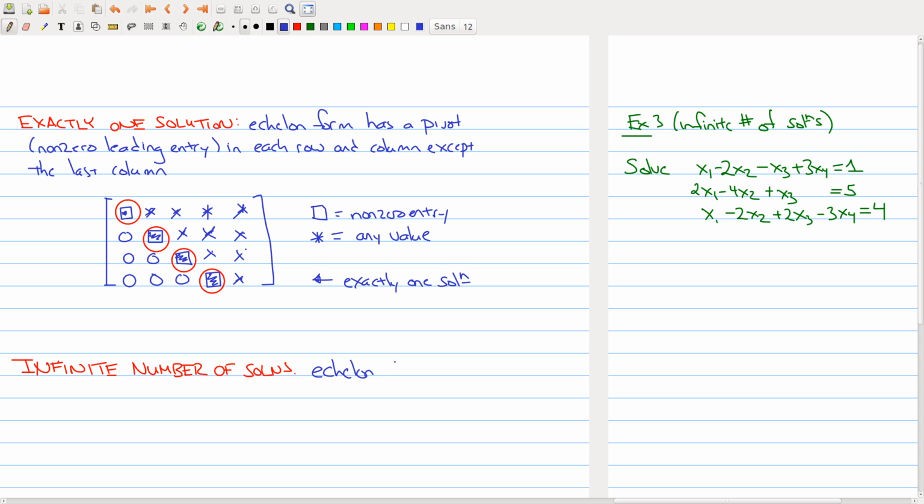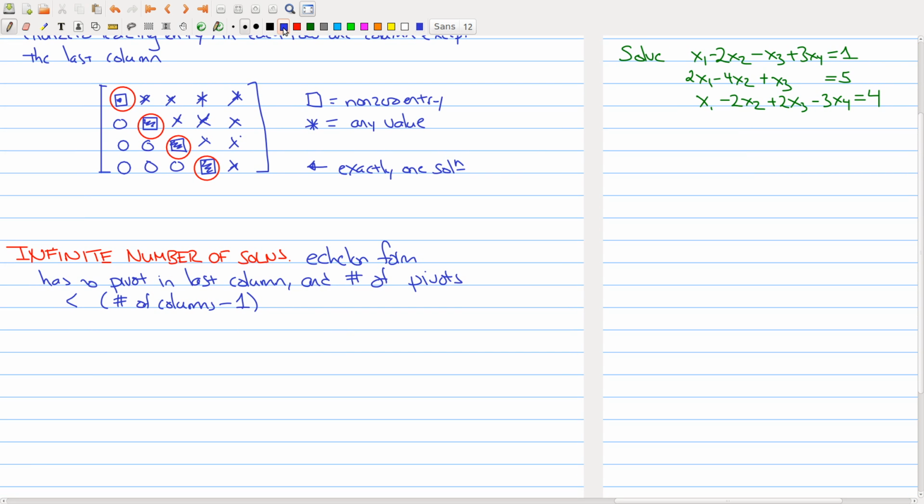So the echelon form has no pivot in the last column, and the number of pivots is strictly less than the number of columns minus 1.